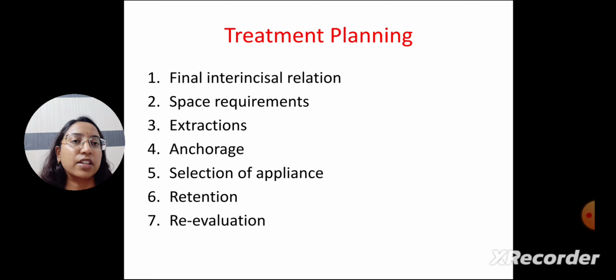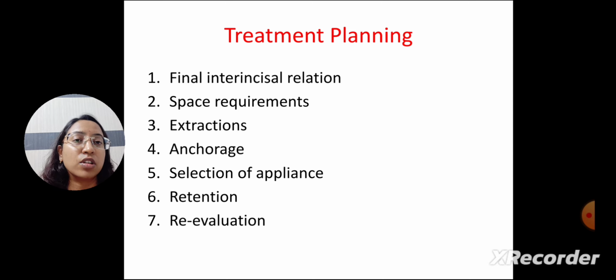So what are the different steps that we can use to plan a treatment? This is not the final list. We'll have even more factors which we have to take into consideration. But for a basic treatment plan, the first thing that we can see is the final interincisal relationship. That is the relationship between the upper and lower incisors.